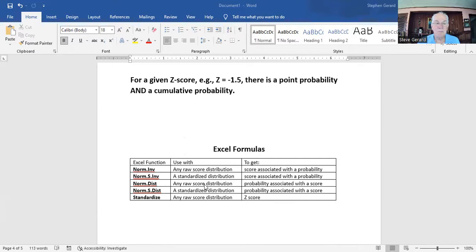Well, that's a probability associated with a score, so I'd be using norm.dist for that. And the second question was, what's the probability of scoring exactly 90? Again, I'm looking for a probability associated with the score. So let me show you how I do that using Excel.